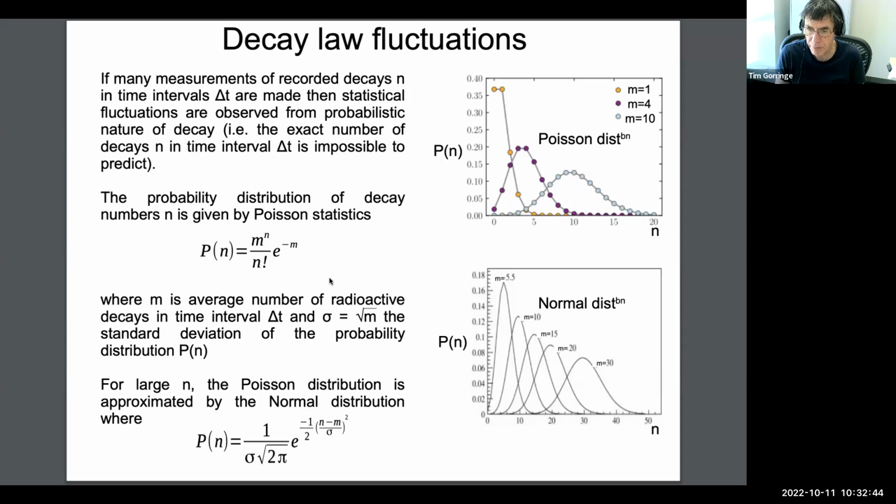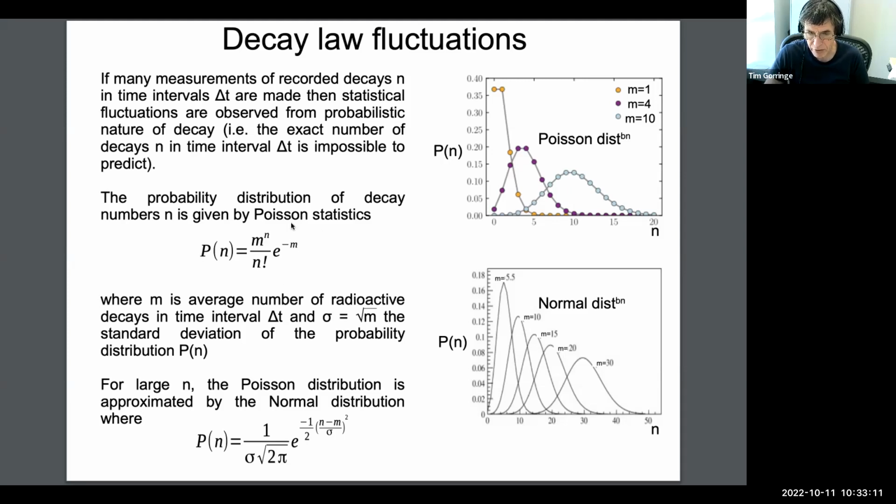If the average number of decays is a large number, so maybe if it's 100 or 1,000, that Poisson distribution that describes the statistical outcomes of the measurements changes into a normal distribution or a Gaussian distribution for the outcome of the measurements.